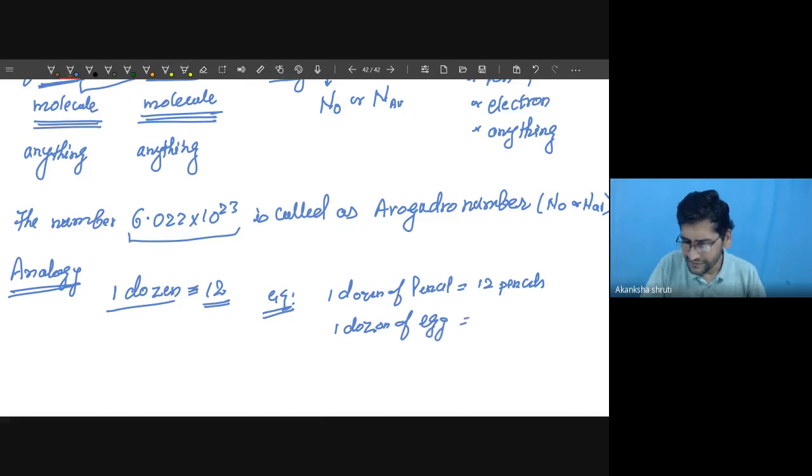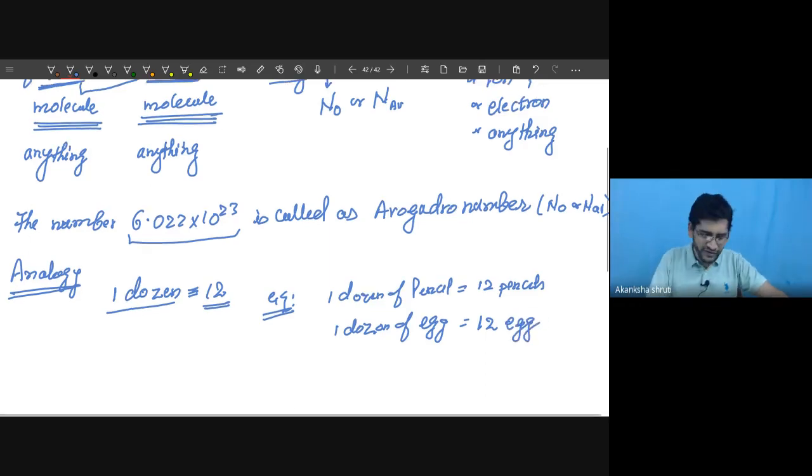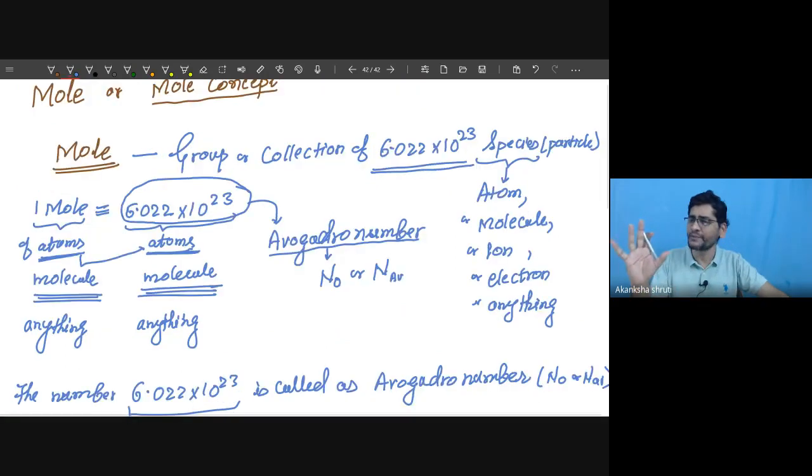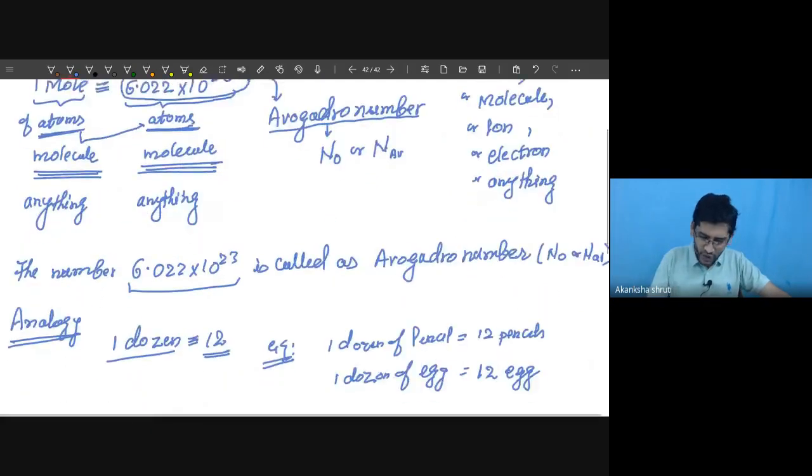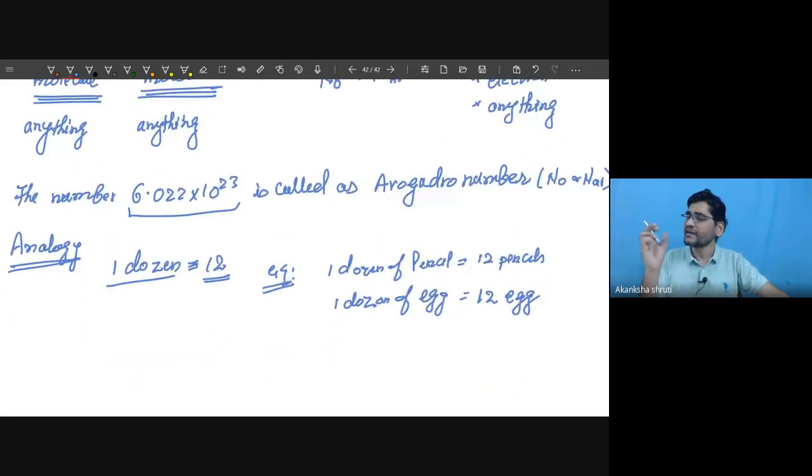Then what is the difference between 1 dozen of pencil and 1 dozen of egg? The number 12 will remain as it is, but the counting thing is now egg. In similar fashion, 1 mole of anything could be possible. So this mole is nothing but the unit or counting number for chemists or in chemistry.